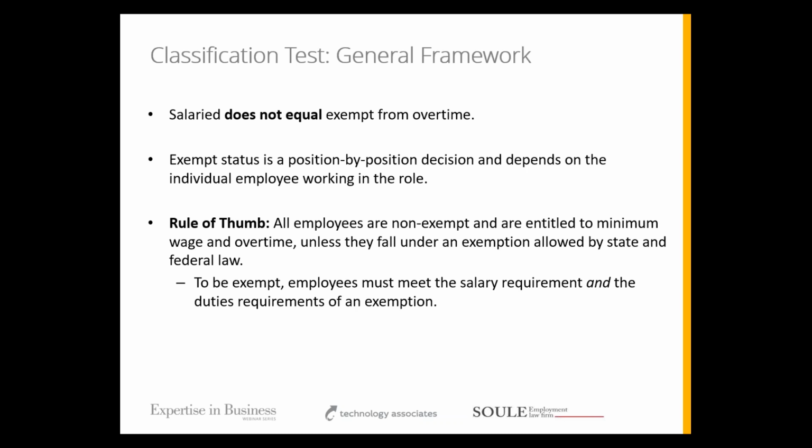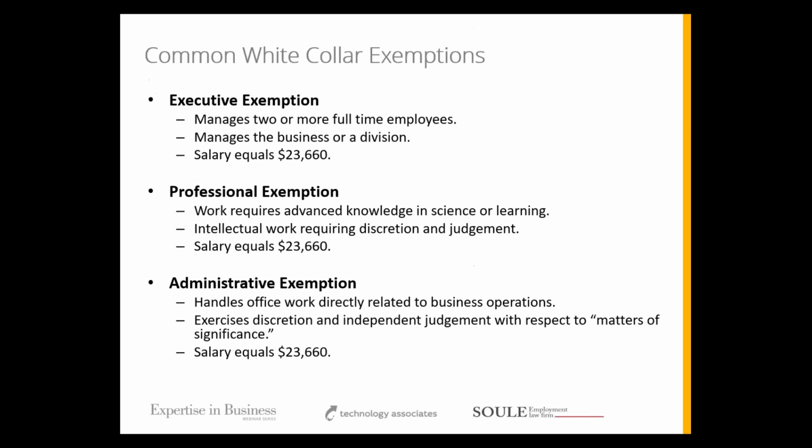And to be exempt, employees must meet typically a salary requirement and the duties requirements of an exemption. Most of us just focus on the salary, but we also need to think about the duties requirements.